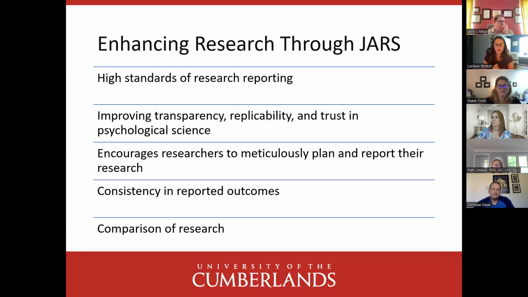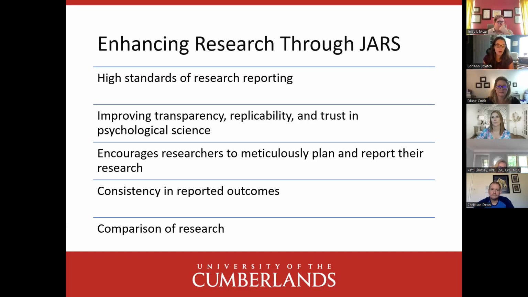We're going to try to improve transparency, replicability, and trust, which our field has lost a little bit of in some areas. So it's really important that we build up trust, especially when it comes to culture and ethnicity and race. We have a lot of work to do in that area to be more transparent and clear and trustworthy.